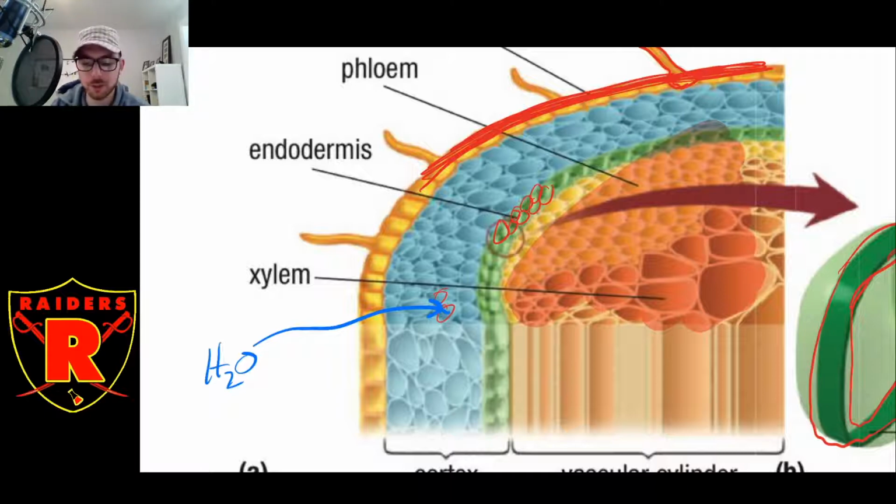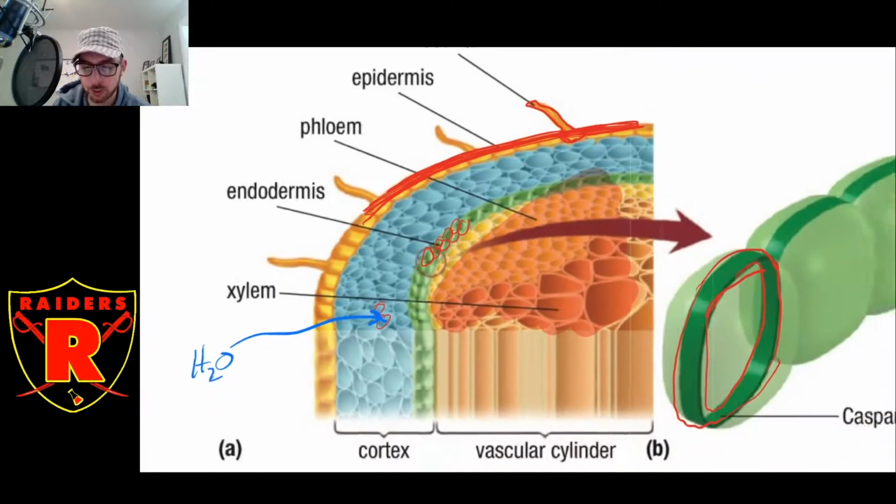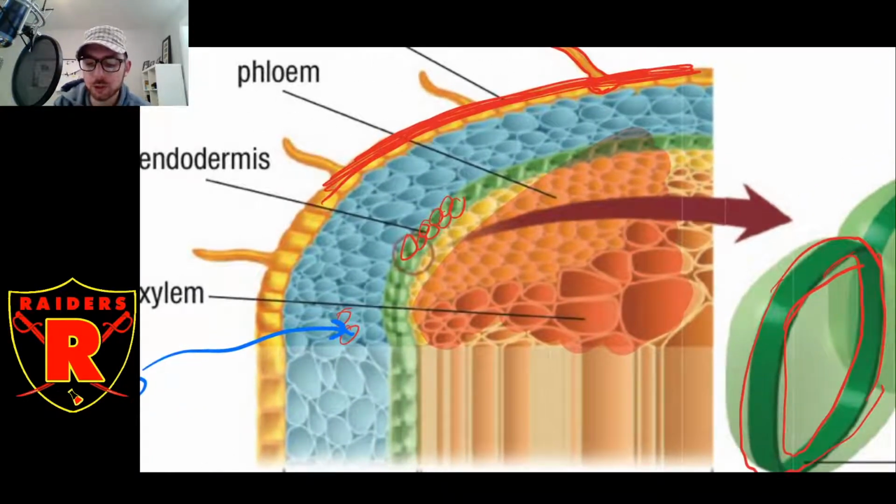So if the root is sitting in water, the water will just naturally flow from high concentration to low concentration into that cortex around the outside. But you don't want it to flow directly into the plant. You want to control the entry of water, and you also don't want things to flow out of the plant.